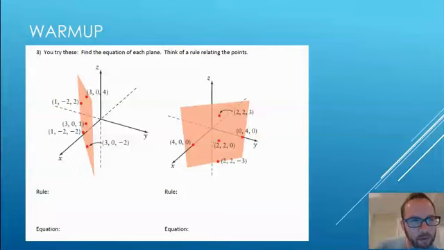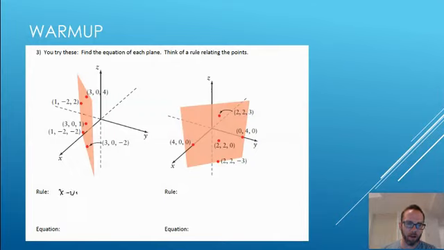Oh, I think I see it. It was a bit hard to see. So the rule for the first one is that if you take the x value and subtract the y value, you get 3.